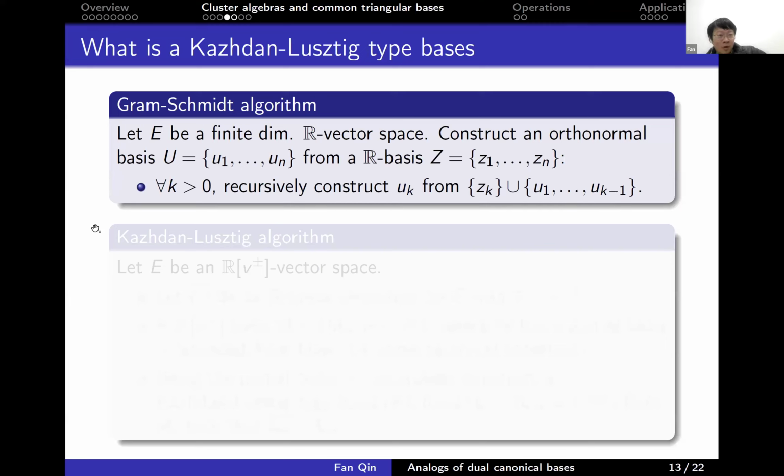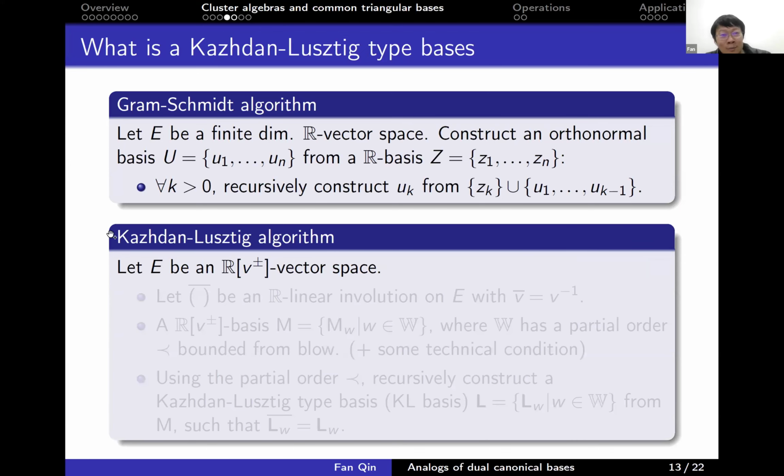And now you can view the Kazhdan-Lusztig algorithm as some kind of process similar to this. Assume that you have a vector space not only over the real numbers, but over the polynomial ring R[v, v^-1], where you have a quantum parameter v here. And this vector space is usually infinite dimensional. And now we let bar be the R-linear involution on this vector space, such that it sends the quantum number v to v inverse. Right?